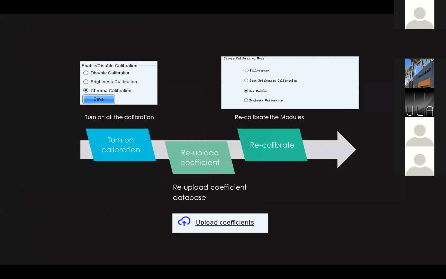So what we need to try is first to turn on all the calibration, and if that does not work, maybe we need to re-upload the coefficient database. If you don't have the database, then you need to recalibrate it all the way with a camera or with the NovaLCT adjust coefficient function.